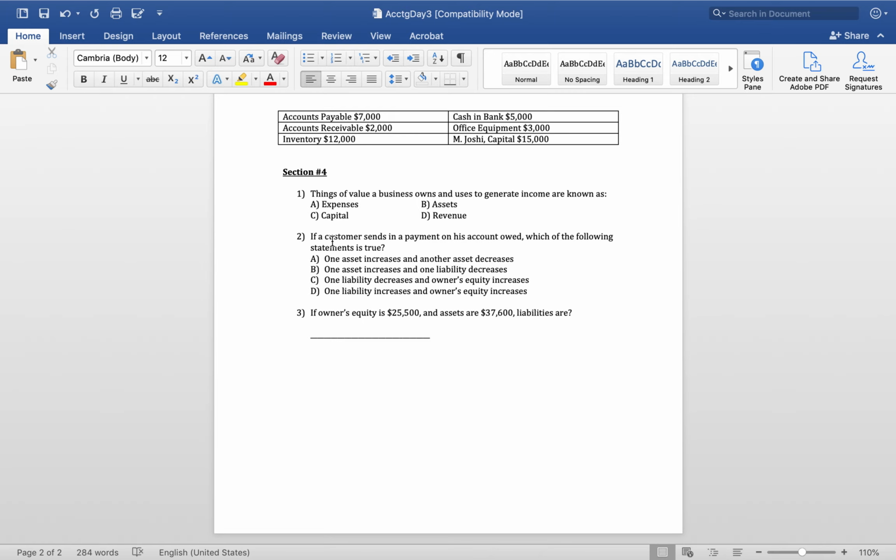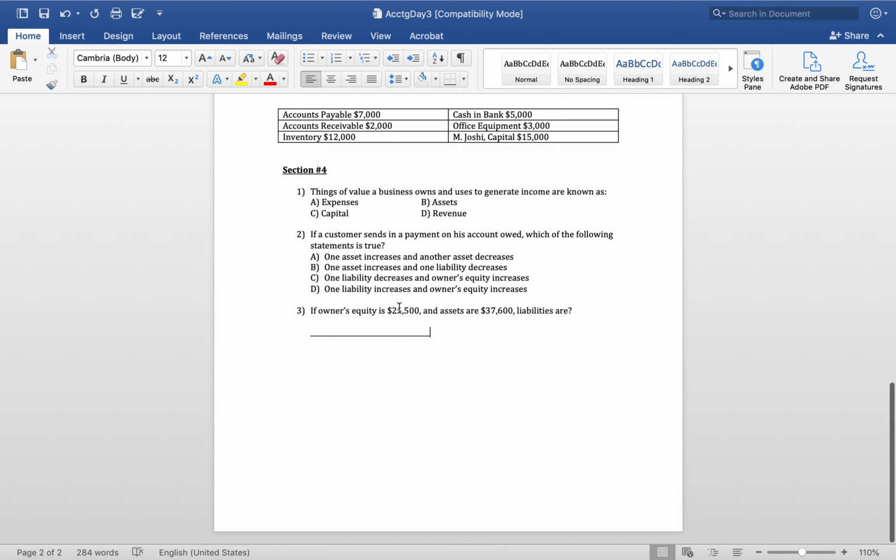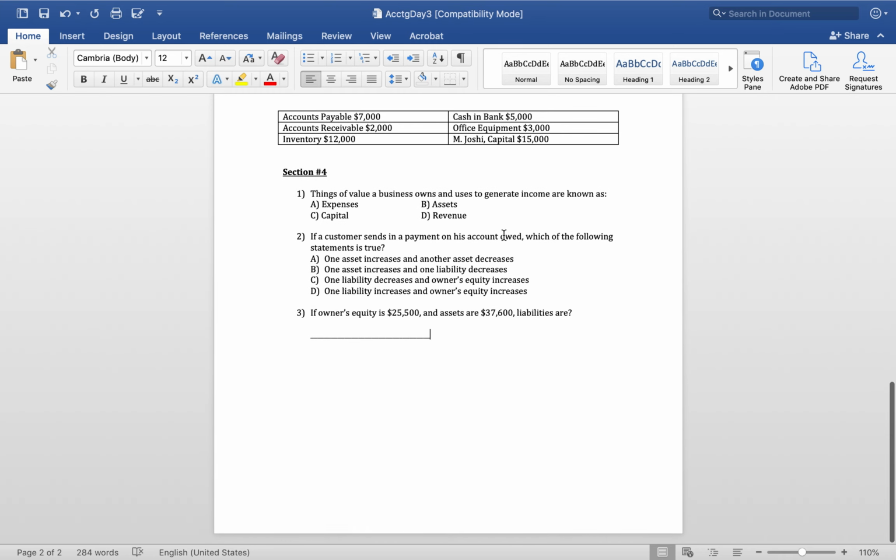Process of elimination. Number 2, if a customer sends in a payment on his account owed, that's going to be accounts receivable. He's going to be paying down accounts receivable. Which of the following statements is true? One asset increases. Well, we did receive cash, or check, right? Check is cash, so asset would increase, yes. And another asset decreases, yes, because that would be accounts receivable decreasing.